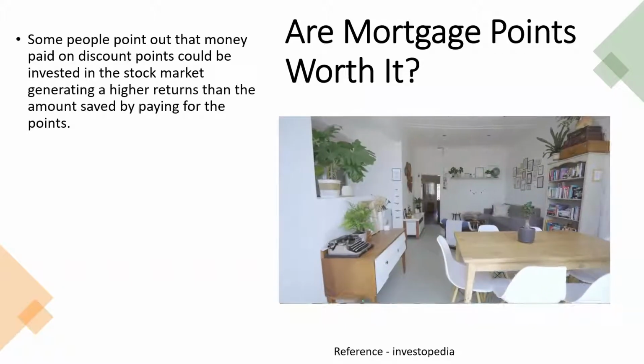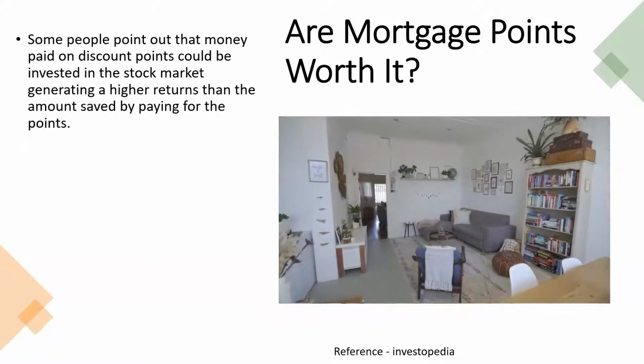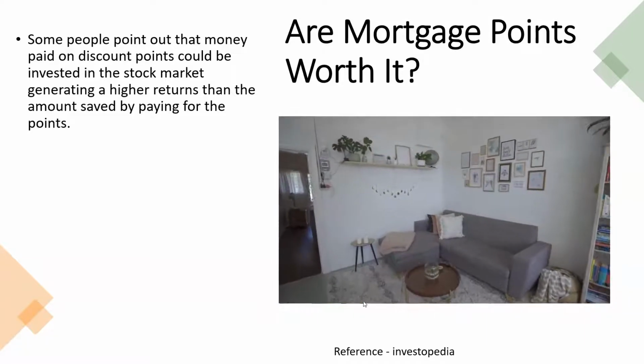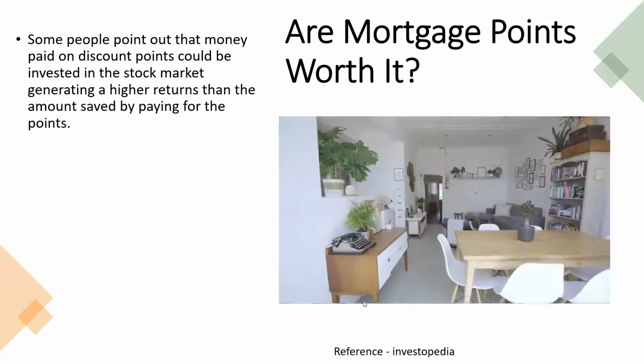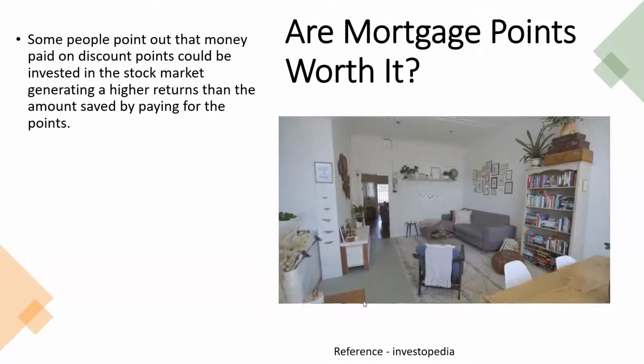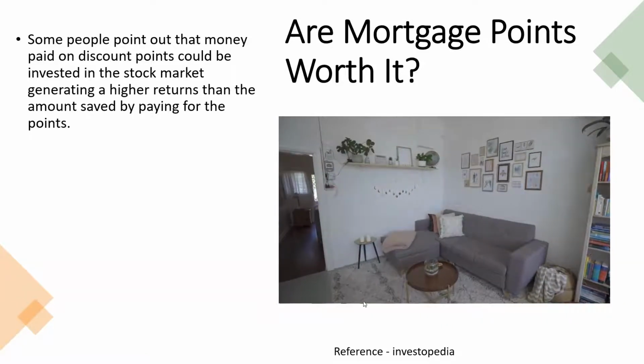The next thing to consider is the time value of money. What if I put $6,000 down now? What else could I do with that? Couldn't I put that in the market and get a return possibly higher than the benefit I would be getting from the reduced rate on the mortgage? In other words, you're only reducing the mortgage rate by so much.